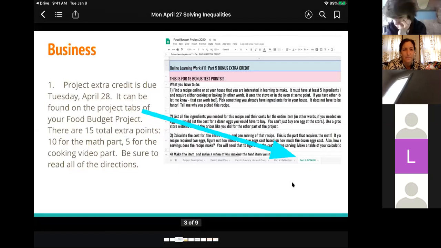How many ingredients do we have to use? A minimum of 5. So you could make an omelet. You could make some cookies. How do you make an omelet?